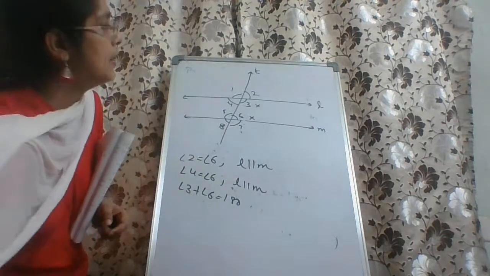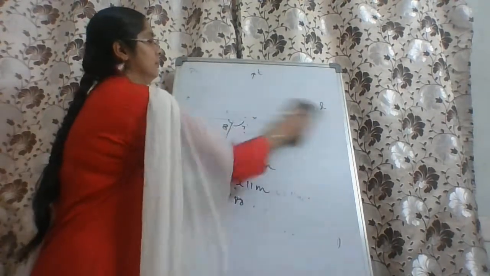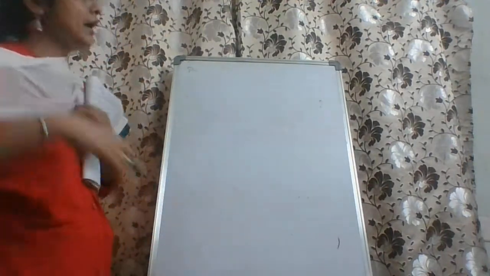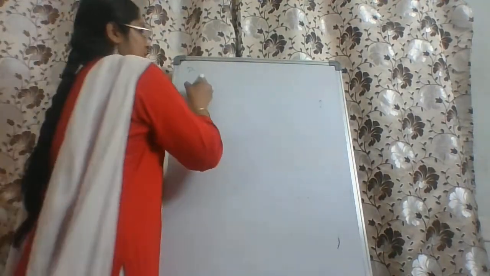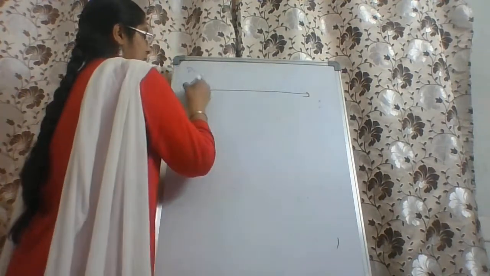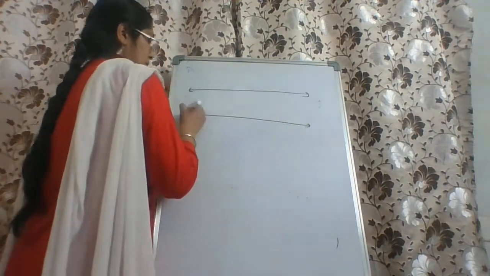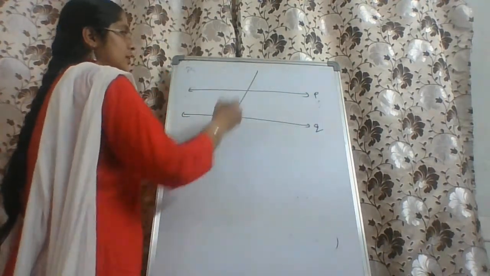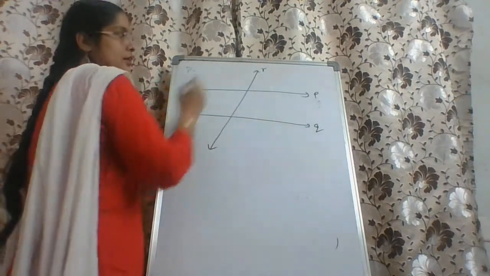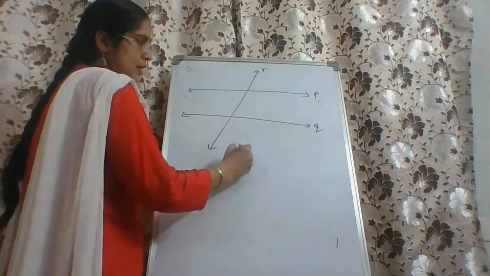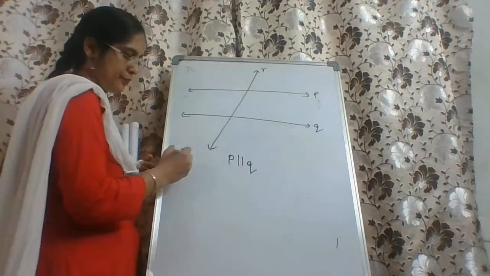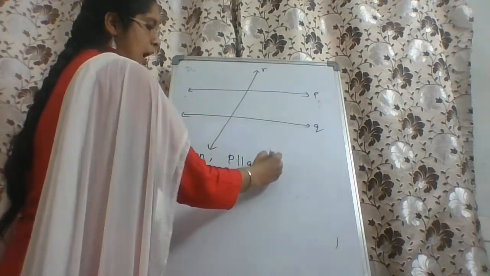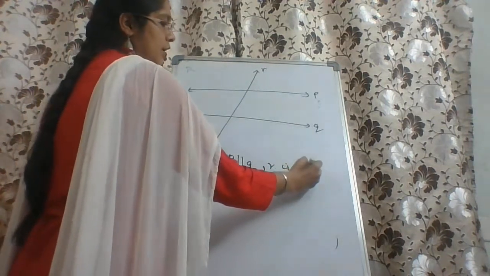Let us take two parallel lines, P and Q, and R is a transversal. We are given P is parallel to Q and R is a transversal.